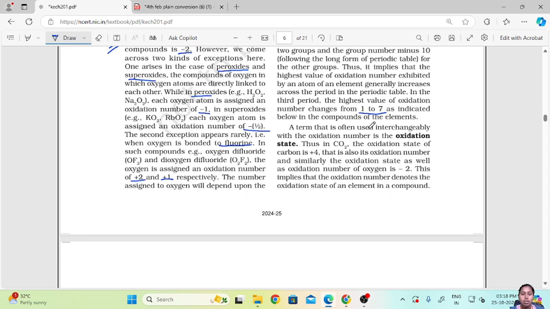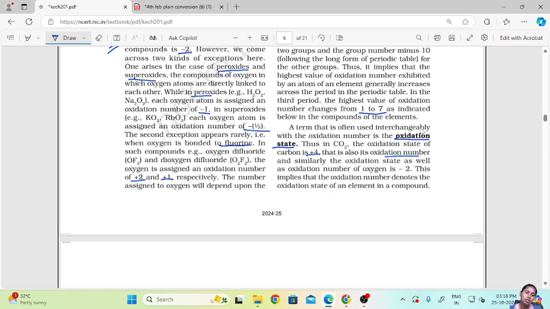Now, a term that is often used interchangeably with oxidation number is oxidation state. Thus, in carbon dioxide, the oxidation state of carbon is +4, and that is also its oxidation number.